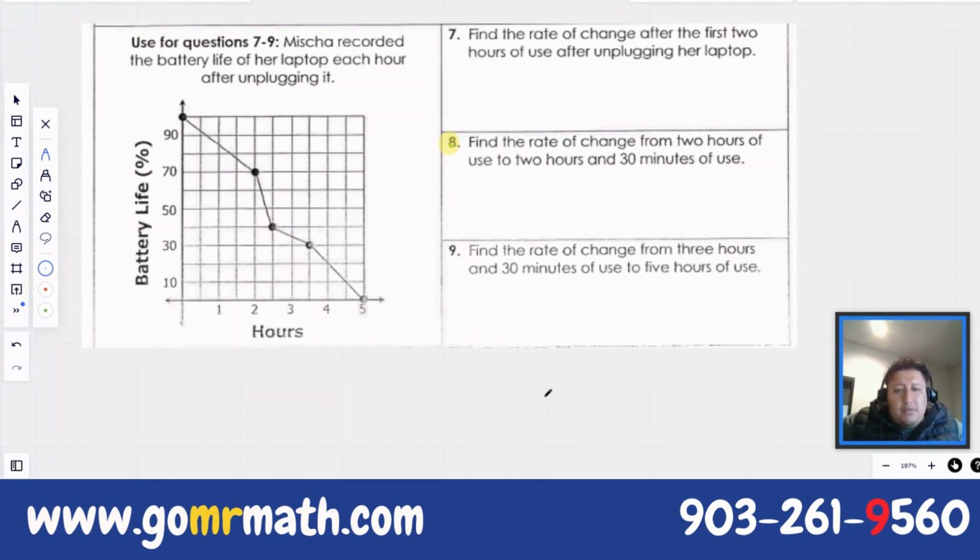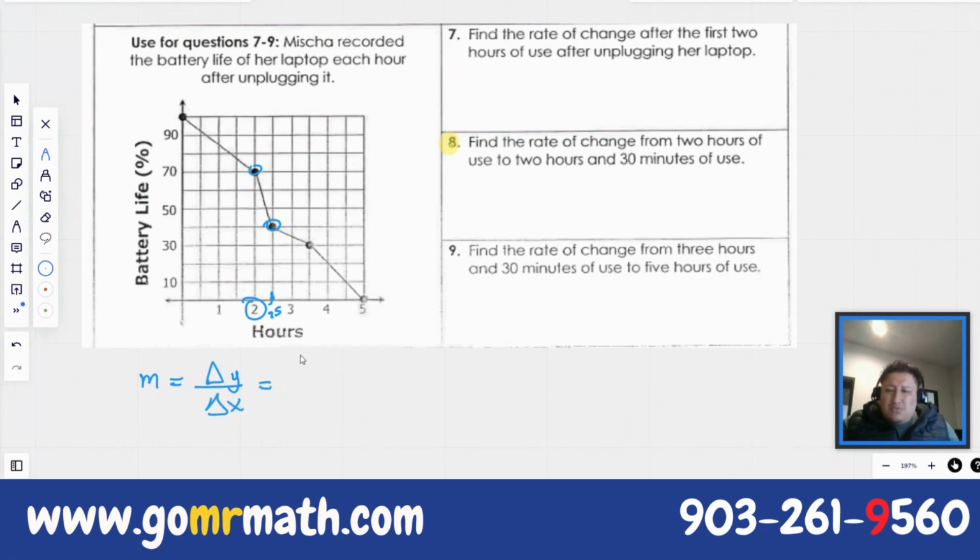It says find the rate of change from 2 hours of use to 2 hours and 30 minutes of use. So basically we're on this point, 2 hours of use, and going to 2.5 hours of use, to here. So again, the slope, or the rate of change, is the change on y divided by the change on x.